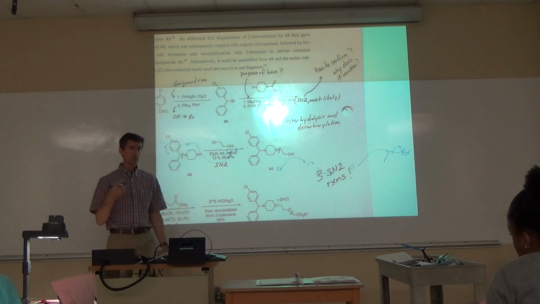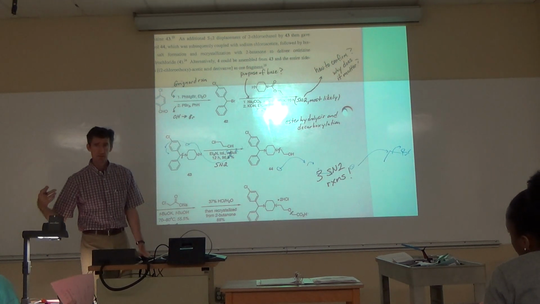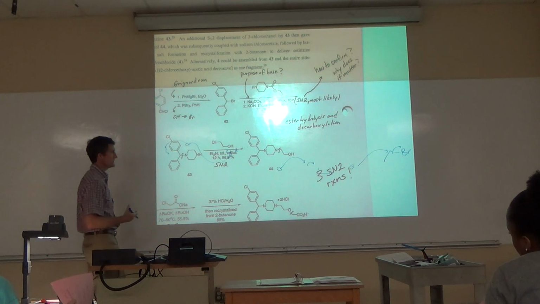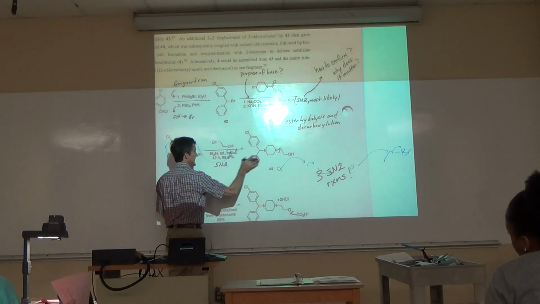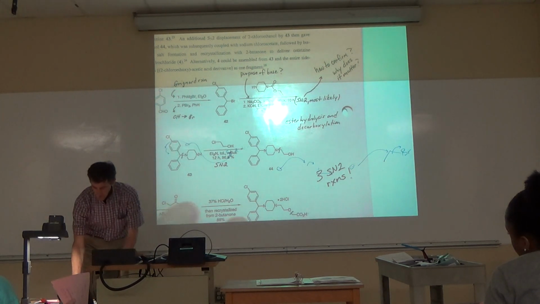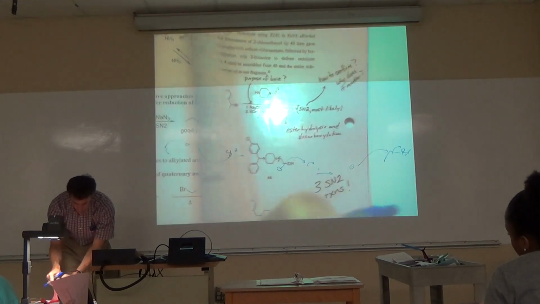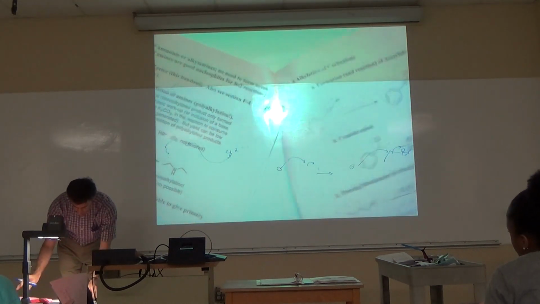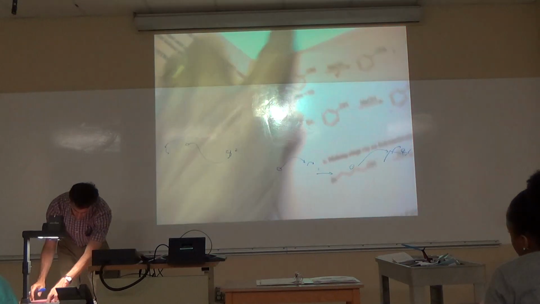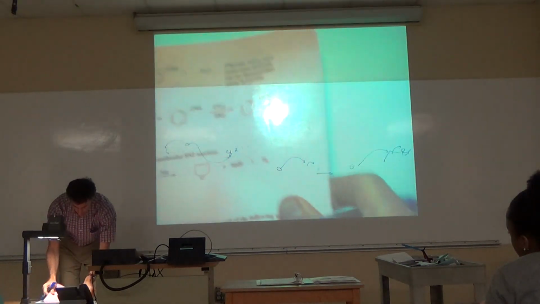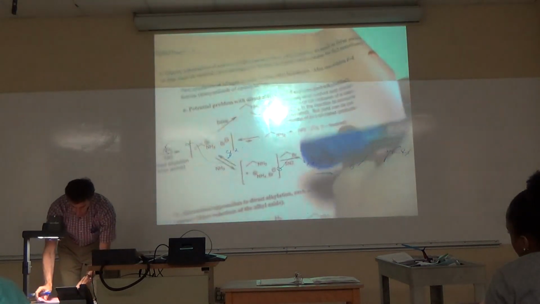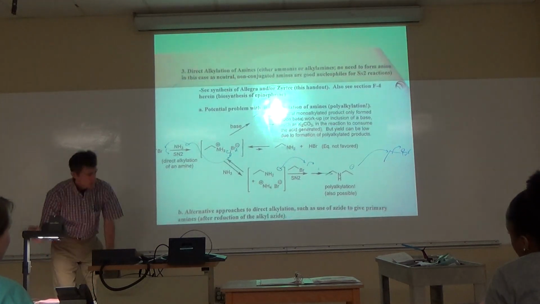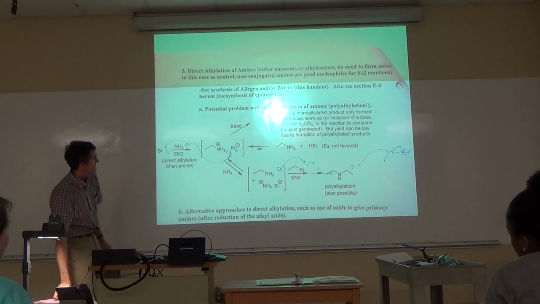And how easy will a tertiary amine alkylate again? Maybe not that easy, and so maybe that's how they were able to get a good yield. In the end, polyalkylation can be a problem. Any questions about this sequence here?